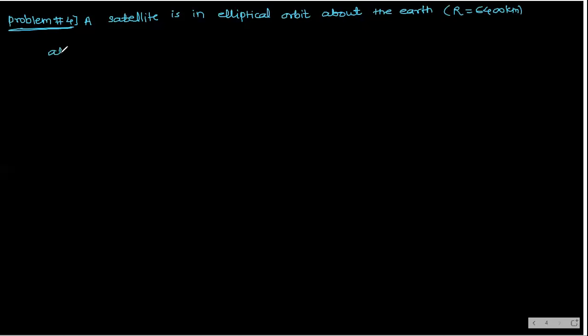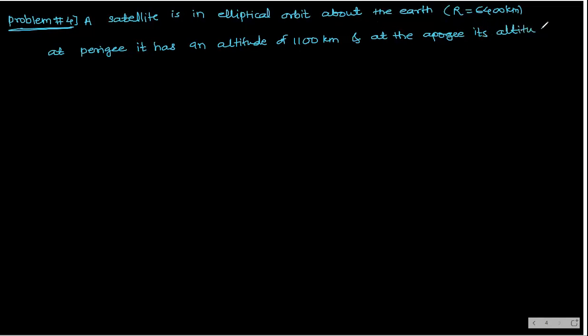At perigee it has an altitude, altitude means height, okay, of 1100 kilometer, and at the apogee its altitude is 4,100 kilometer.